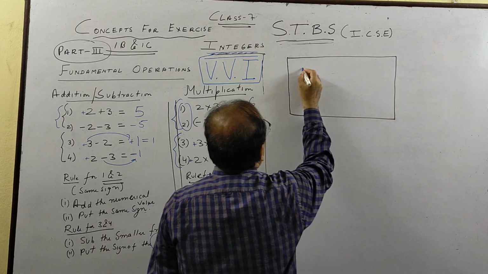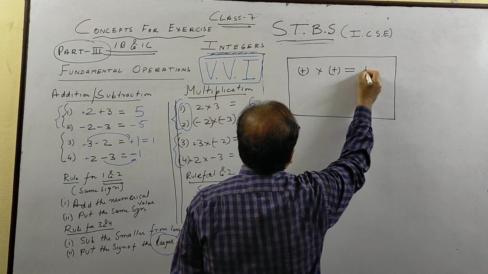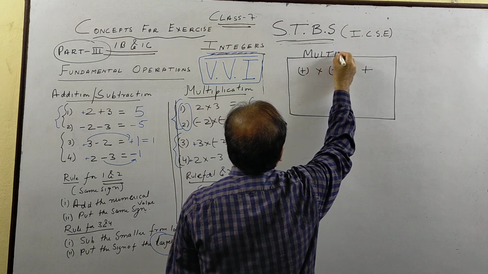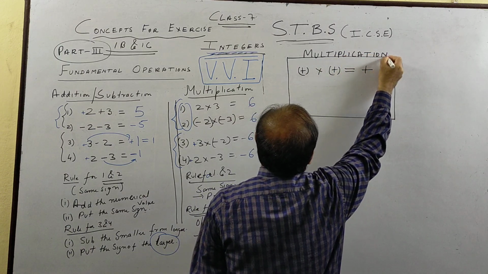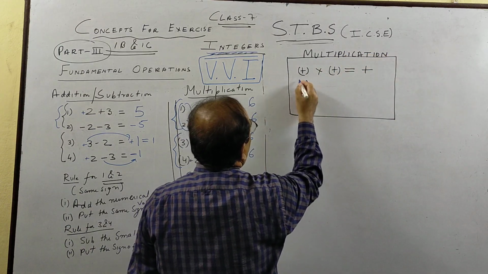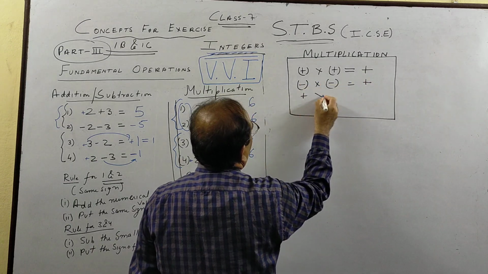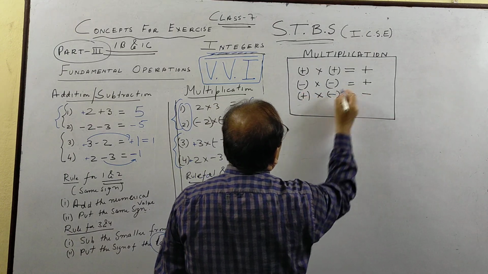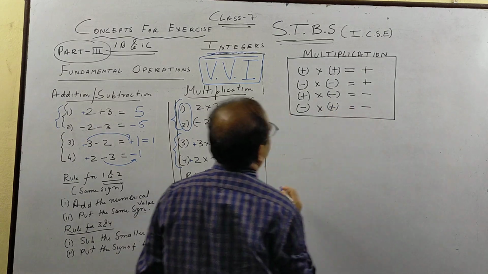Here we have plus into plus is equal to plus. Multiplication on integers: minus into minus is plus, plus into minus is minus, and minus into plus is also minus.